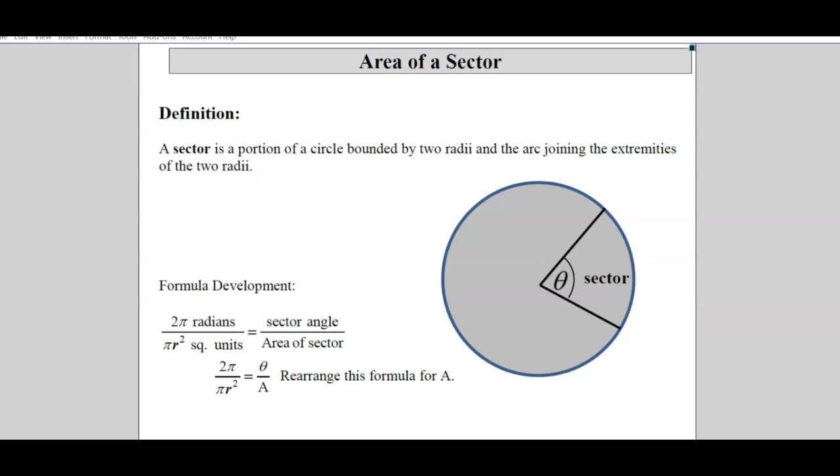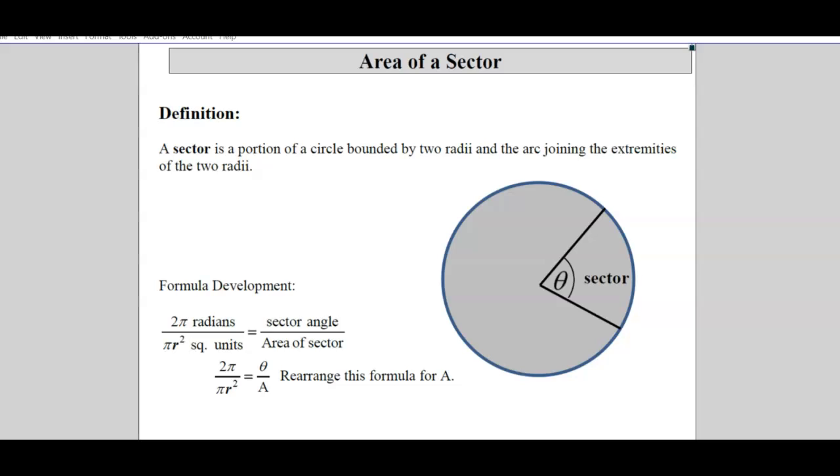So the ratio of that angle to a complete rotation will be in the same ratio as the area of this compared to the area of the whole thing. Okay? You have to compare equivalent parts. They're not equal in number, right? But this is one part of 360, and this is one part of pi r squared, the area of the circle.